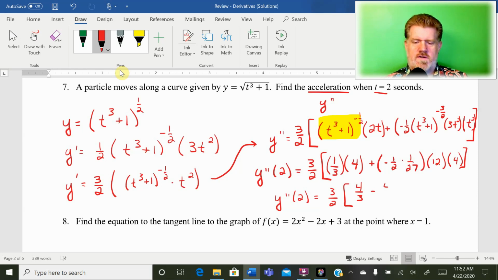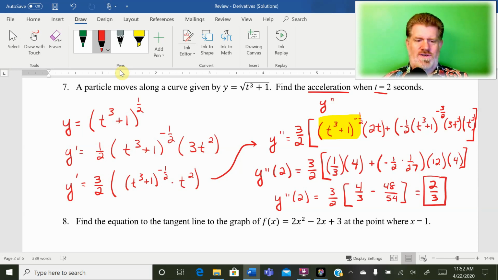So I'm going to get 48 over 54. I knew it would have simplified. And I'm just going to put that in my calculator now. Wow. It all comes out to be 2/3.